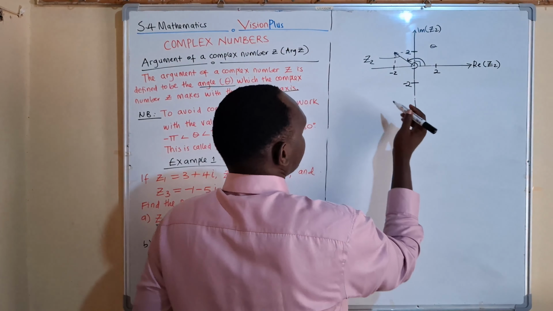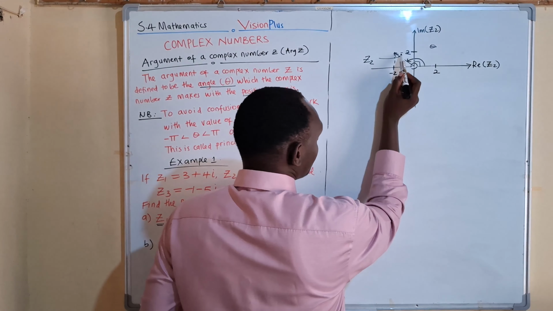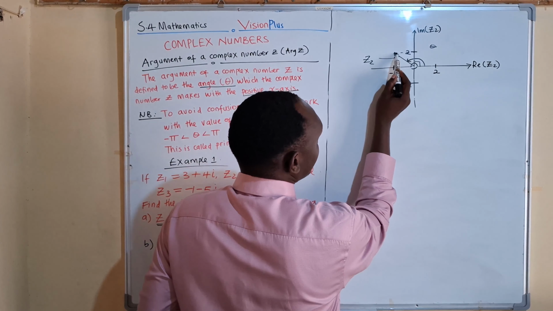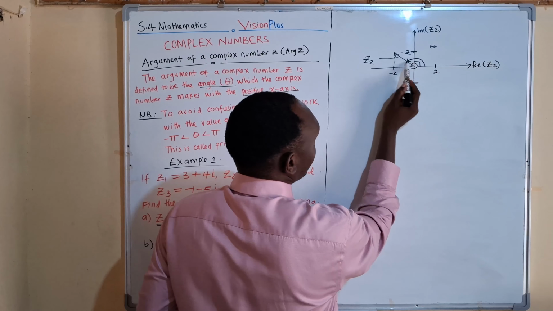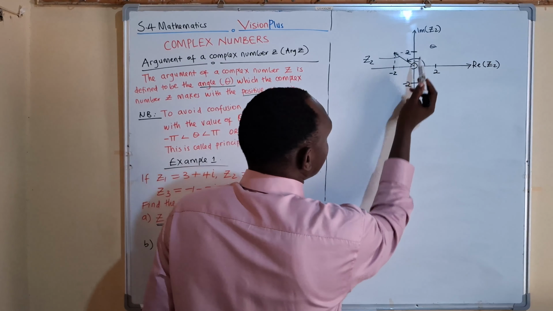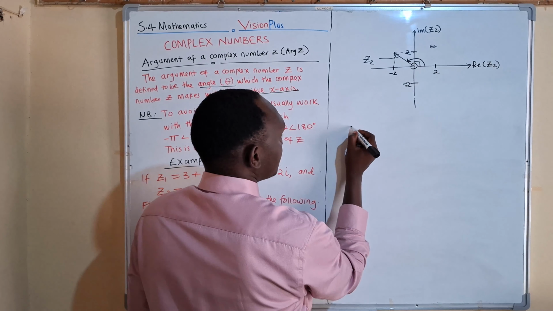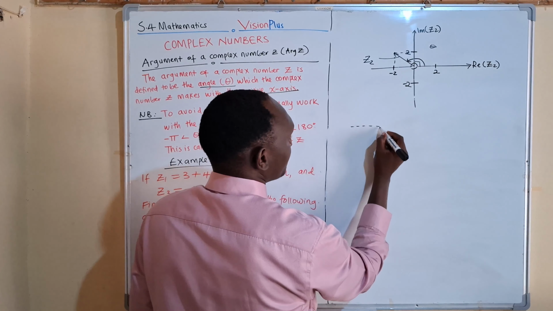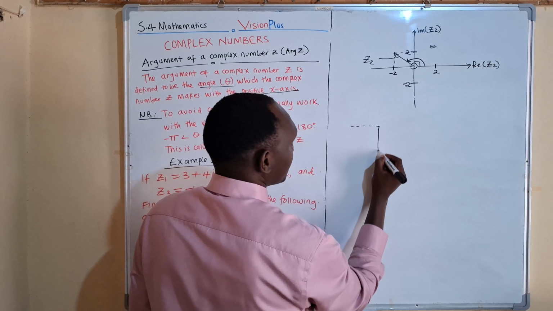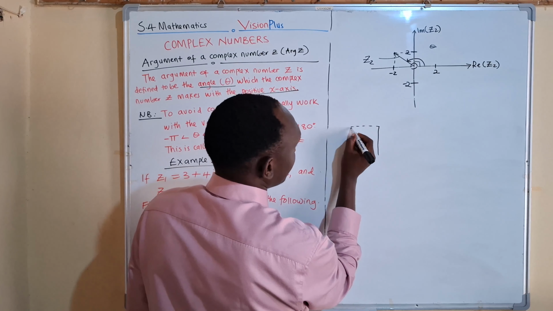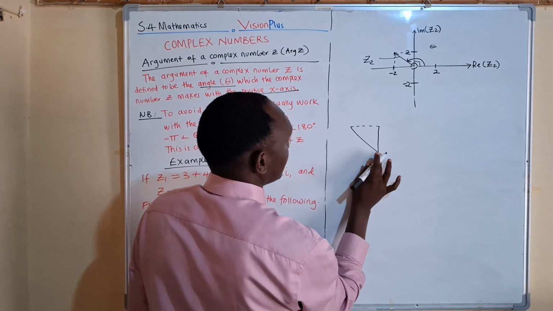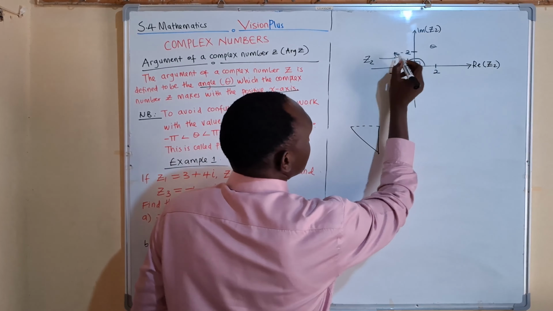Let me do it in this manner. I'm going to extract this small triangle that is here, here, and here. To draw it how it is looking, it has dotted lines there. This one comes vertically down. Then there is that one.